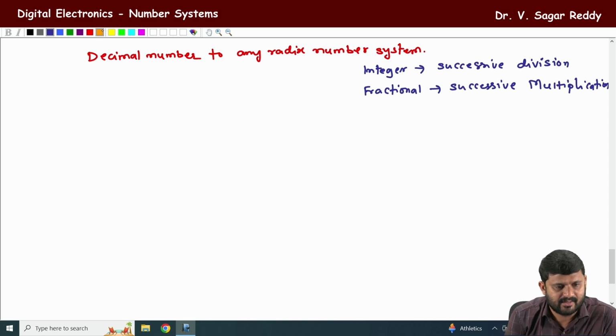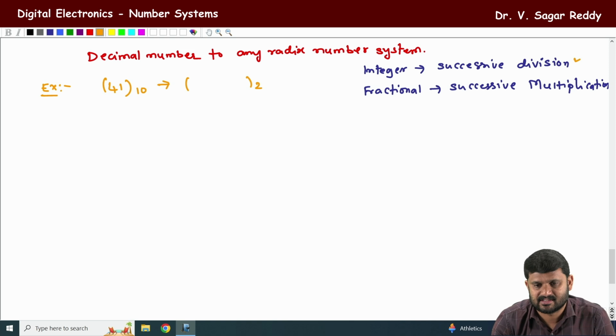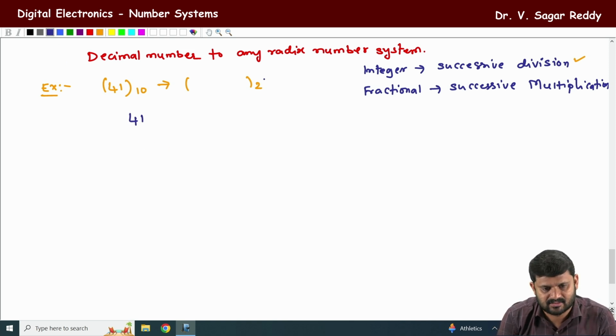Now I'll take one number and try to convert it into binary. Example, 41 in decimal. Now I need the corresponding binary number. It is an integer, so we need to follow successive division. I'll take 41. The target radix is 2. Dividing by 2 gives 20, and the remainder is 1.